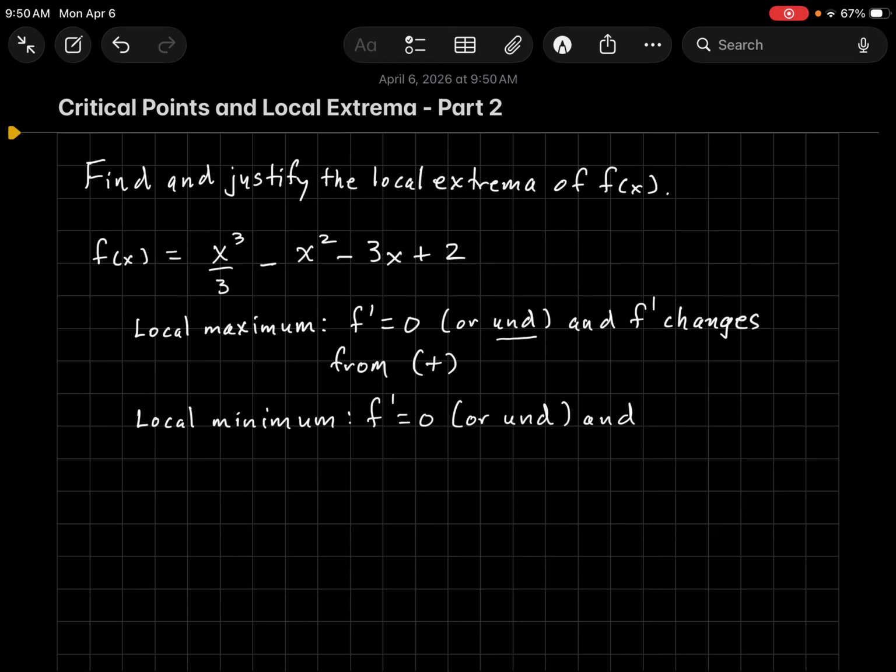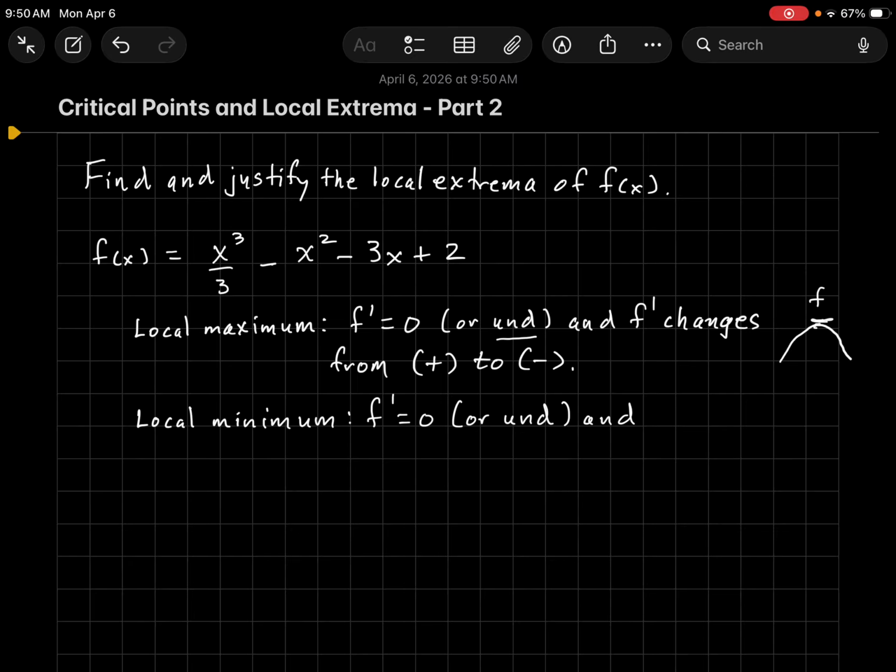And I will use the shorthand introduced in the last video. Why is this a local max? Well, if f prime is 0, that is, f is momentarily flat, and then f is increasing and then decreasing, f prime is positive and negative, of course there's a maximum.